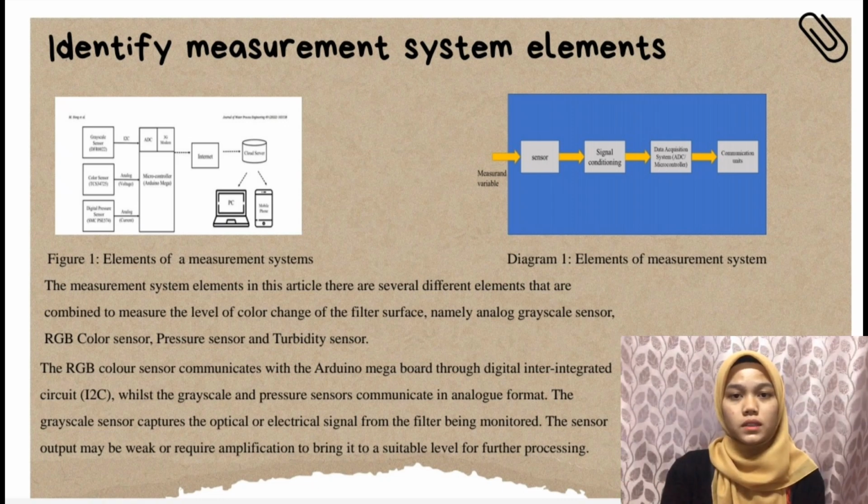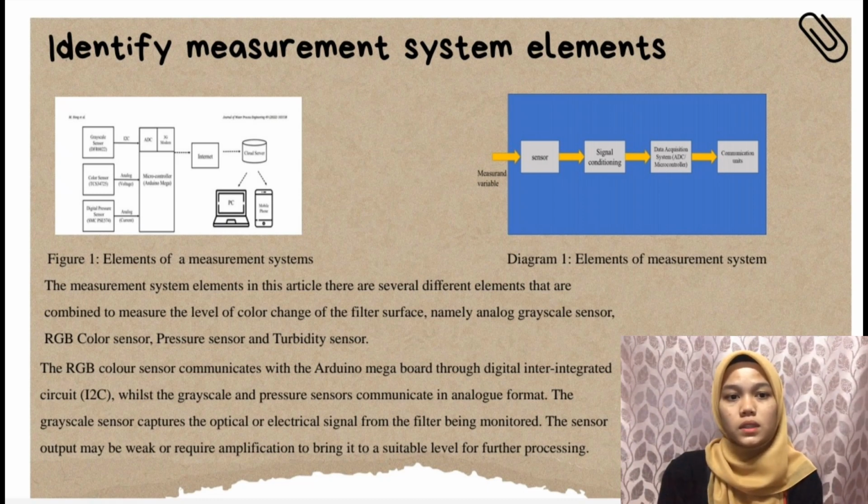Finally, the grayscale sensor, RGB color sensor, and pressure sensor were selected to design the filter monitoring system, and the turbidity of inflowing and filtered water was directly measured using a turbidity meter.